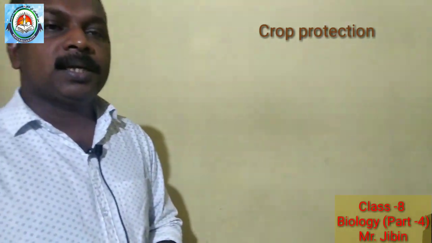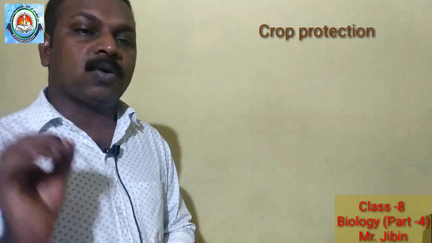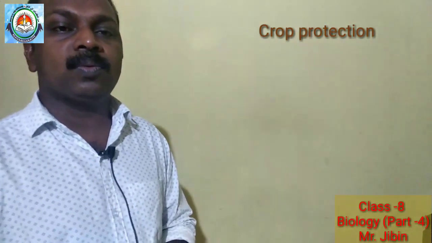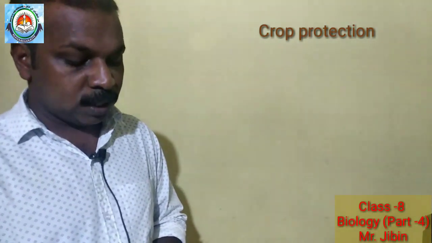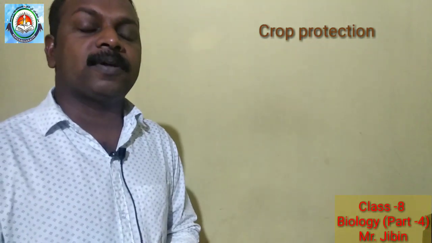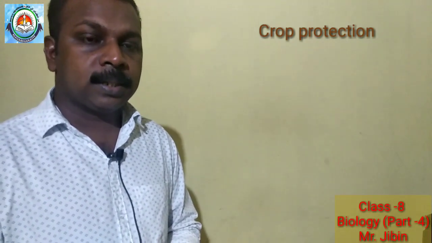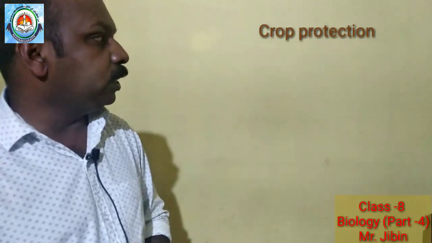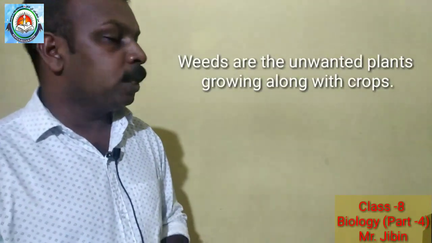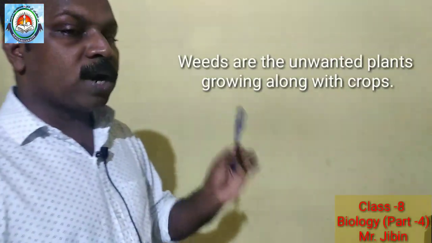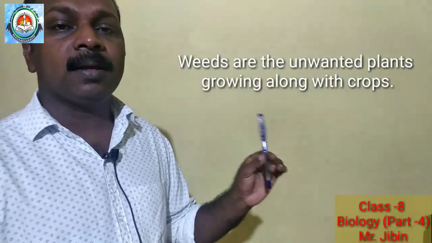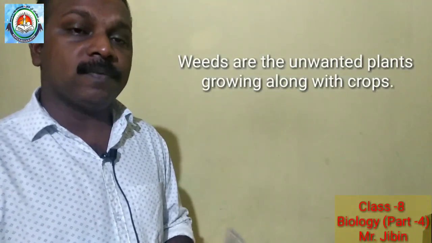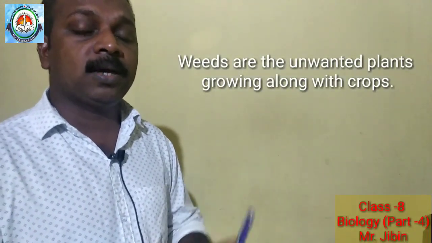Mainly, we have to protect the crops from two things. First one, the protection from weeds. Then we have to know what are called weeds. Weeds are the unwanted plants that grow in the field along with the main crops.